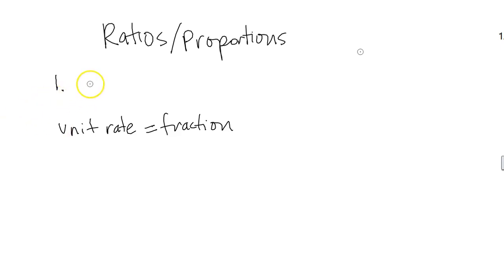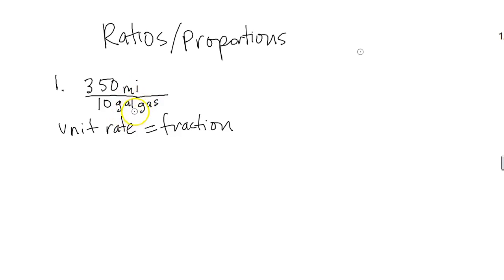So if we look at number 1, it says 350 miles on 10 gallons of gas. The order that you're receiving it is the order that it needs to be. The information that comes first is the numerator, and the information that comes second is the denominator.